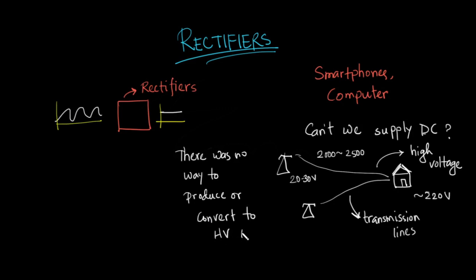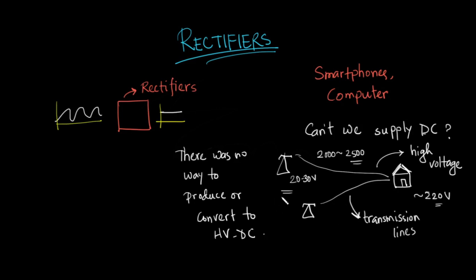As you see, we need to do transmission at a high voltage and use at a low voltage. So we usually generate at a lower voltage, transmit at a higher voltage, and then again use at a lower voltage. So we need to do voltage conversion several times in our supply or transmission of electric power.